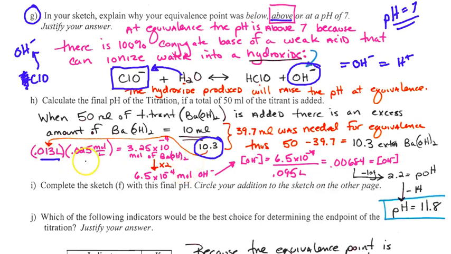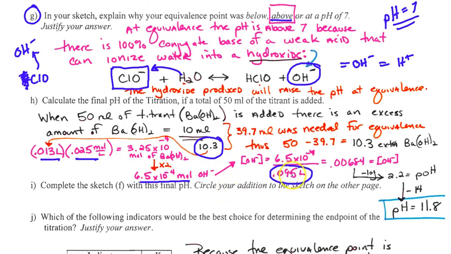Convert that to liters, times it by the molarity of the base. That gives me the moles of barium hydroxide. I times by 2 moles of hydroxide. I want to convert to the concentration, so I divide by the total volume in the beaker now.